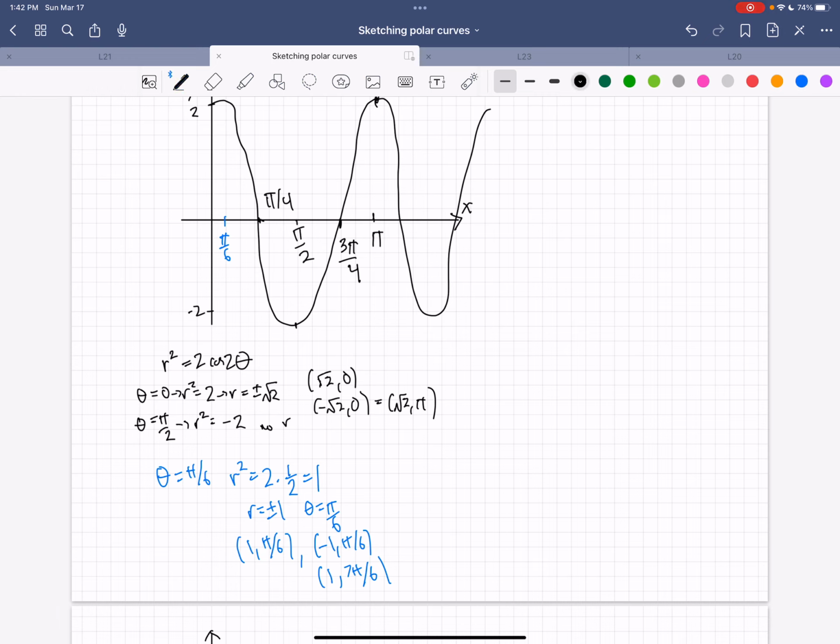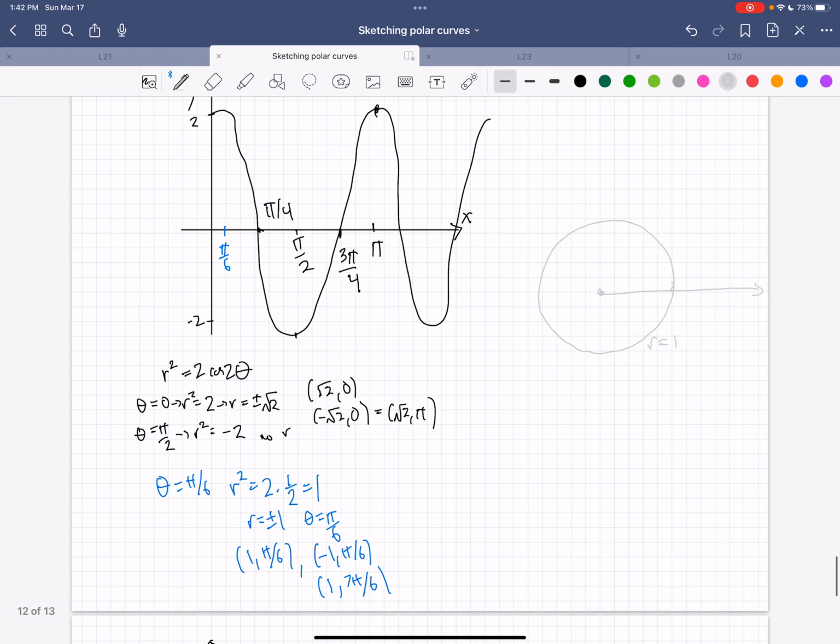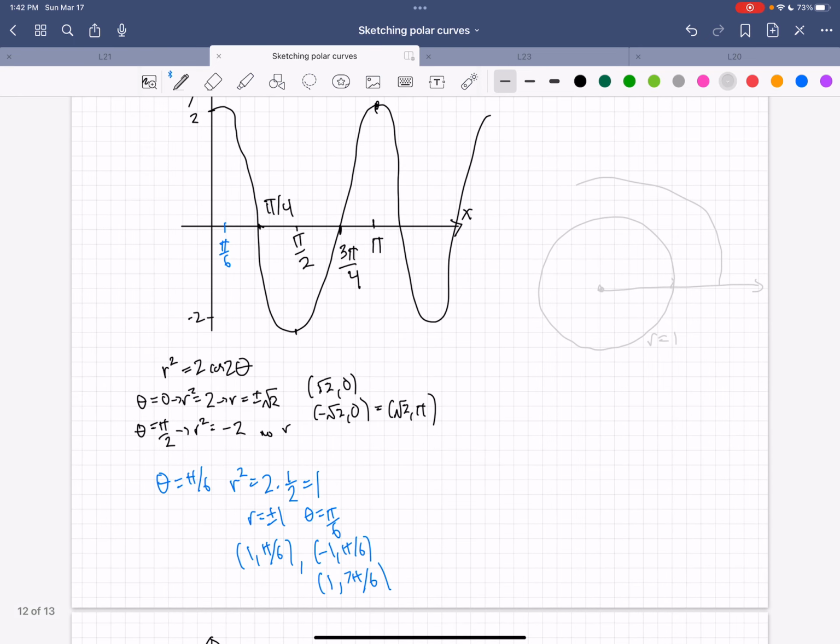Let's maybe start sketching. So this is our polar axis. We've got some things that have radius 1, and we've got nothing with radius 2 because we're taking that square root. So let's just call this a radius of root 2, because this is in between a little bit.